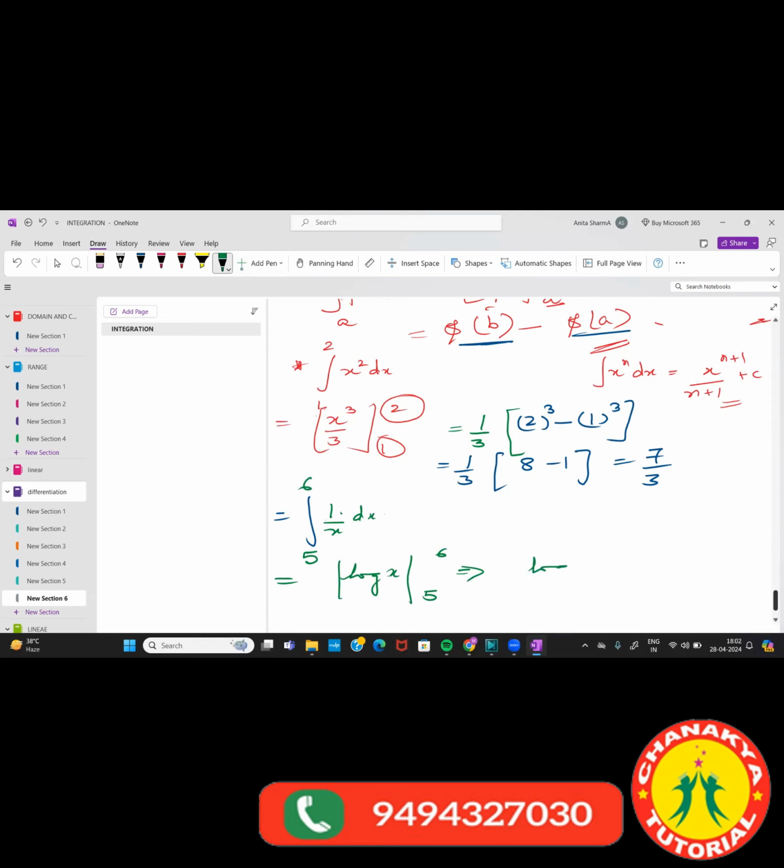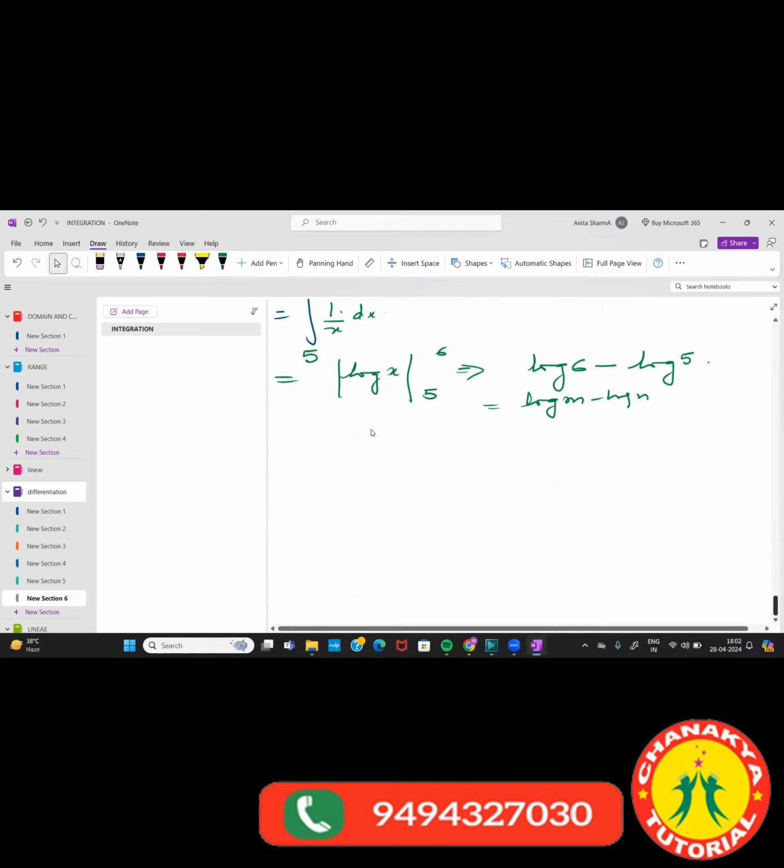So it will be log 6 minus log 5. Now we have the property log m minus log n is equal to log m upon n. So this will be equal to log 6 upon 5. Have you noticed any difference in a definite integral or indefinite?